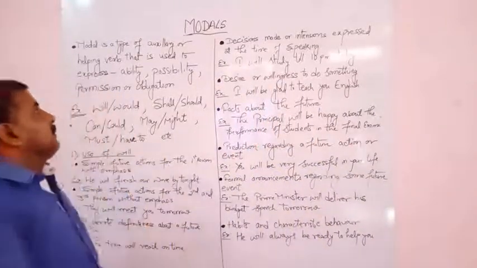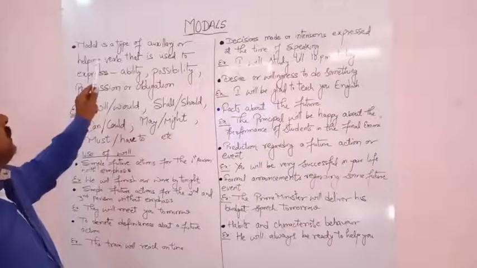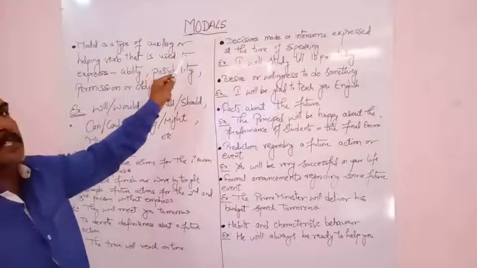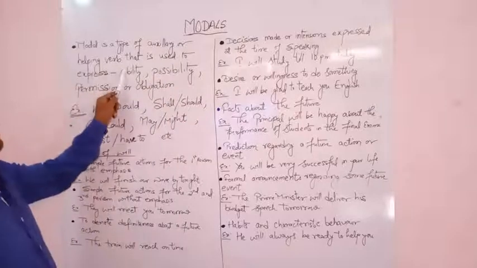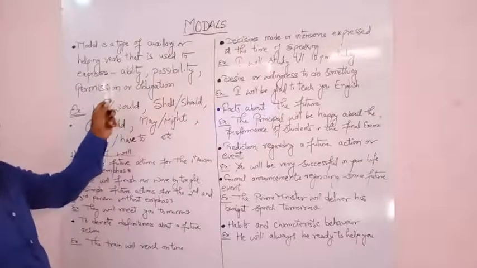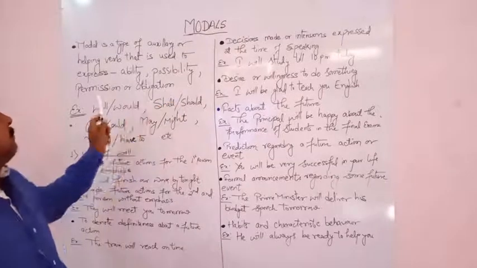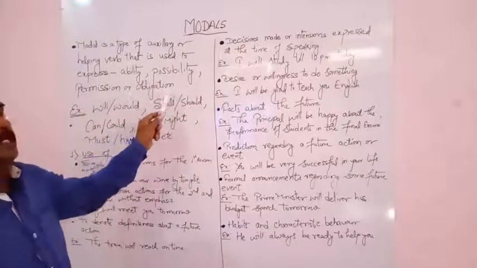So, here the definition tells us what? That a modal is nothing but a type of auxiliary or helping verb that is used to express ability, possibility, permission or obligation.